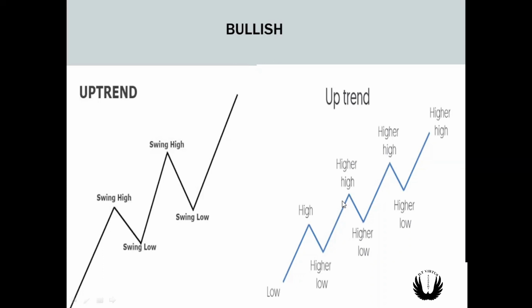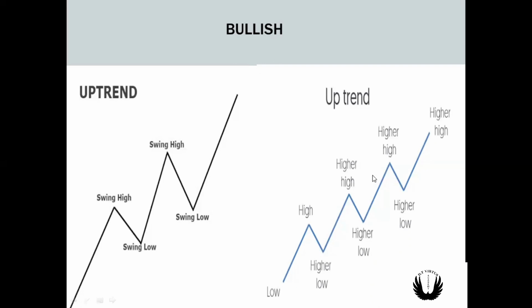And markets can't be buying forever. They have to sell at one point. So after buying for a while, market has to sell down, but this sell must not go below the previous low. When market sells below the previous low, it means they are no more interested in this long-term buy.